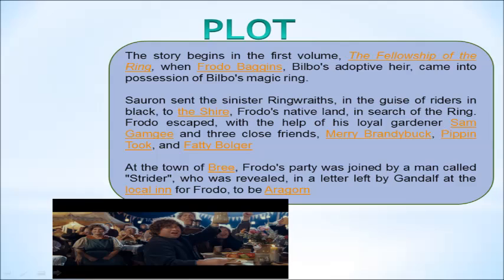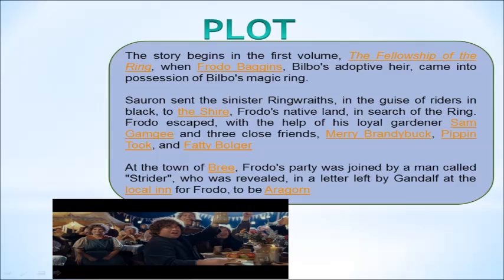A high council attended by representatives of the major races of Middle-earth, elves, dwarves, and men, and presided over by Elrond, decided that the only course of action that can save Middle-earth is to destroy the ring, by taking it to Mordor and casting it into Mount Doom, where it was forged.